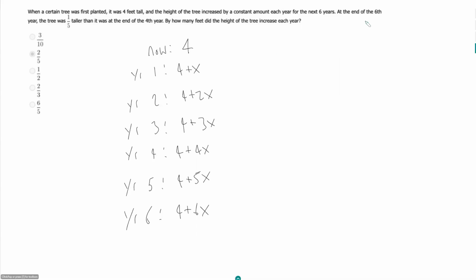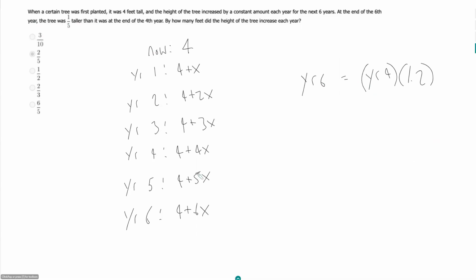And they tell us at the end of the 6th year, the tree was 1/5 taller than it was at the end of the 4th year. So they're saying year 6 is equal to year 4, and it's 20% greater, so times 1.2, or 1 1/5.